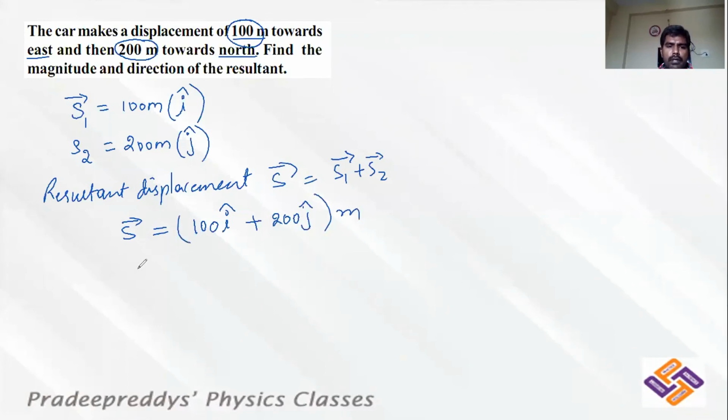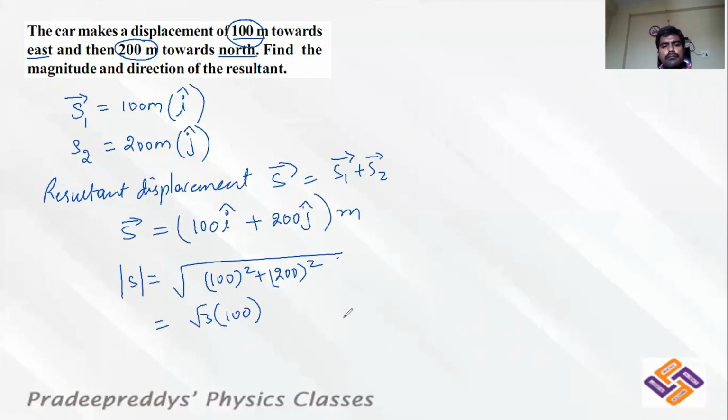I want to now find the magnitude of this. The magnitude of this vector is equal to under root 100 whole square plus 200 whole square. I can take this as root 5 into 100. This is S magnitude and it is in meter. Now I want to find the direction with the x-axis.